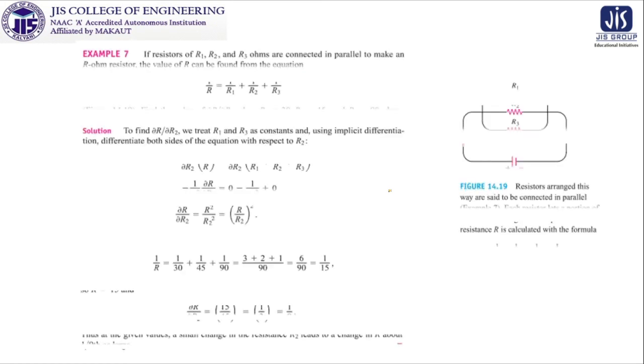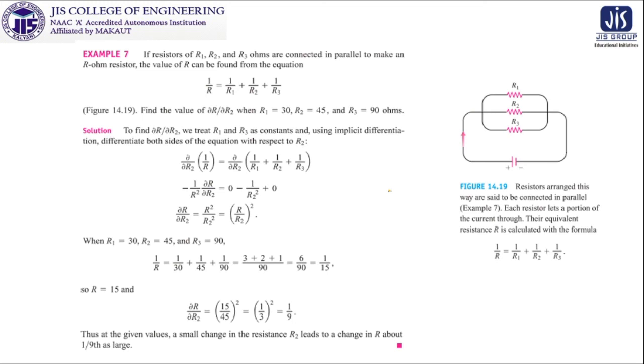So this is nothing but the extension. Finally, we have another application-oriented example with resistors R1, R2 and R3 ohms connected in parallel, and this is the circuit diagram of them. As a student of engineering, you can see that it is an engineering application of this particular discussion, and it can be found that 1 by R is equal to 1 by R1 plus 1 by R2 plus 1 by R3, as it is connected in parallel.